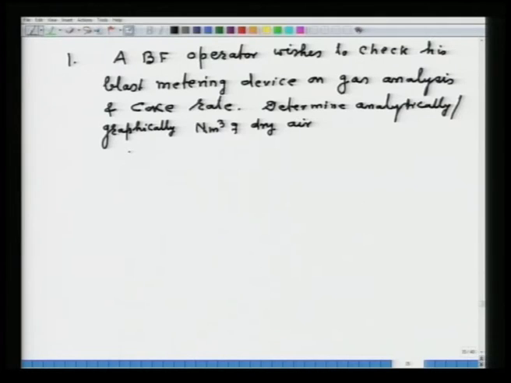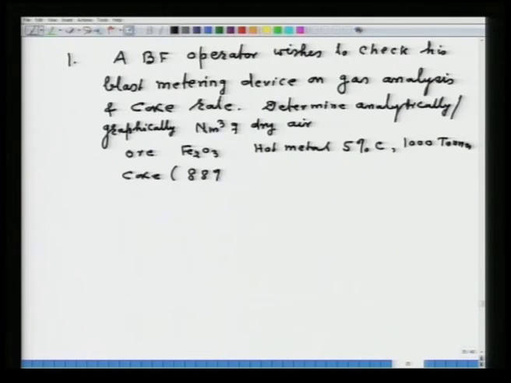For the condition when the ore contains pure Fe2O3, hot metal has 5% carbon, amount is 1000 tons. Coke is 88% carbon on dry basis and 700 tons the total requirement, although it is a very poor operation, but does not matter.